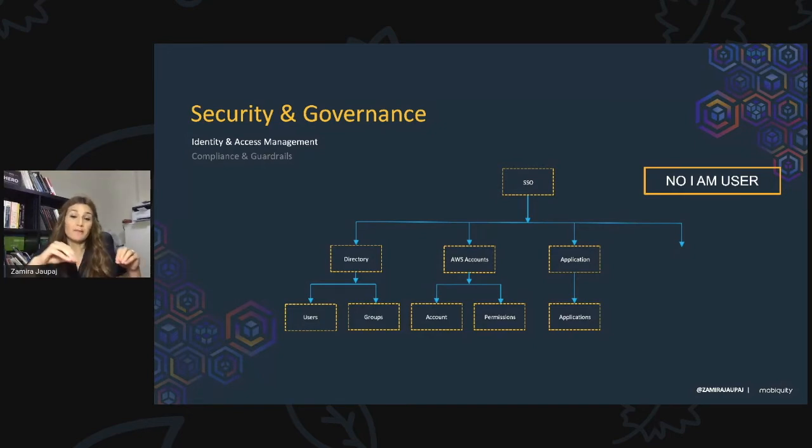So you create a user in the master account, set up permissions for this user, and assign this user to the specific application. And you have a dashboard that shows you all the users, groups, permissions, and accounts.